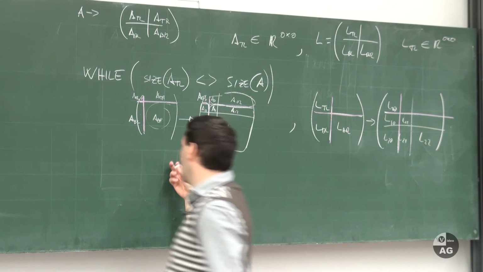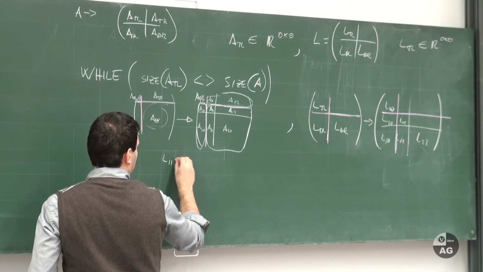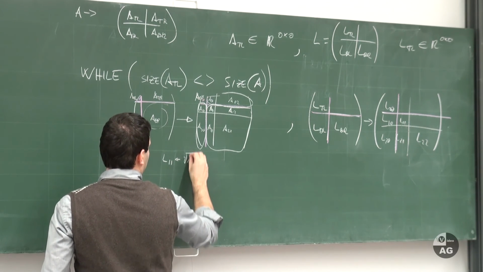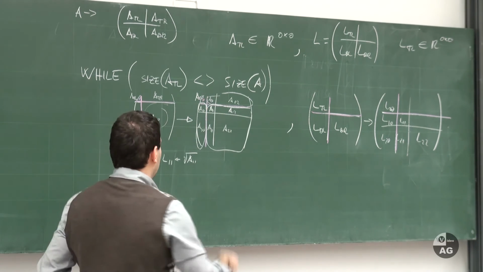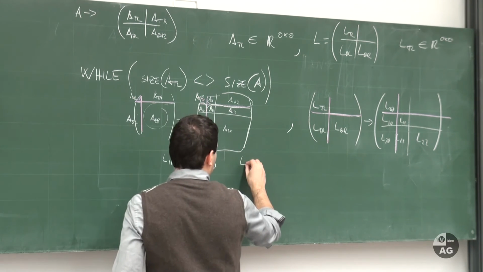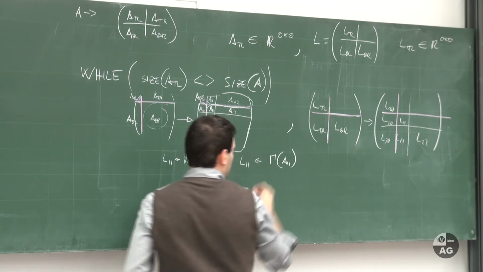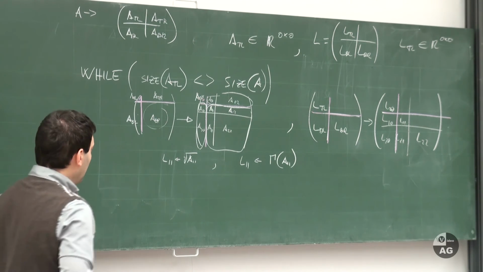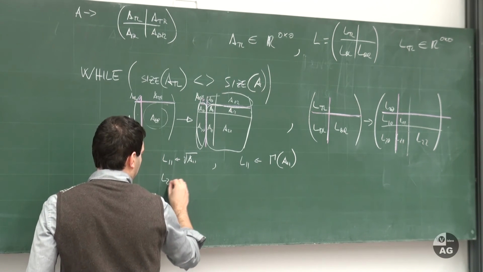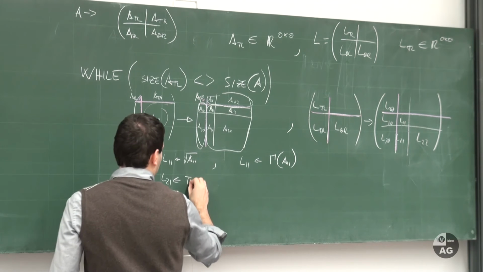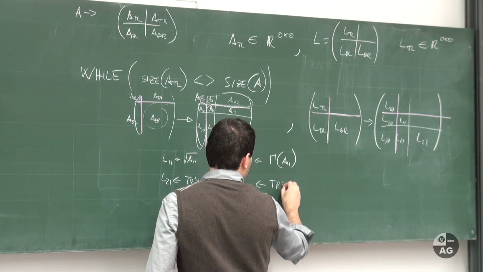Okay, our algorithm told us that L11 equals square root of A11 if A11 is a scalar. If A11 is a block, then L11 equals Cholesky of A11. Agree? Then our algorithm told us how to compute L21, with TRSV or TRSM.